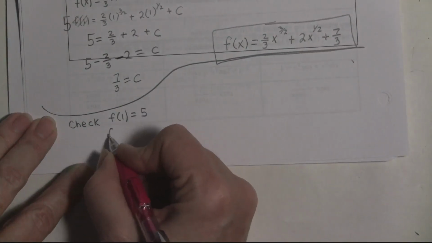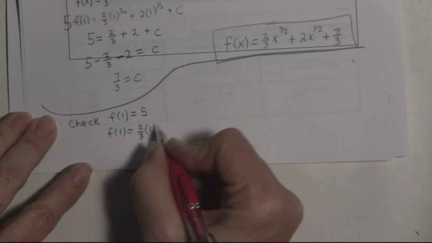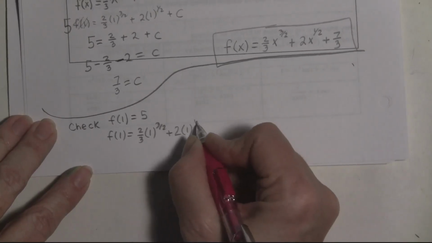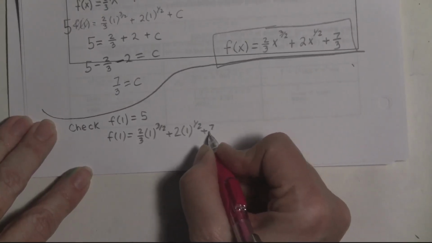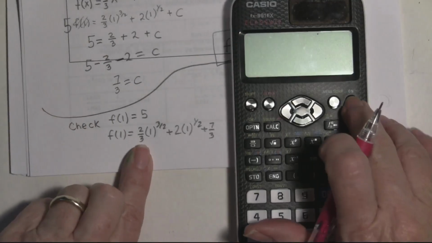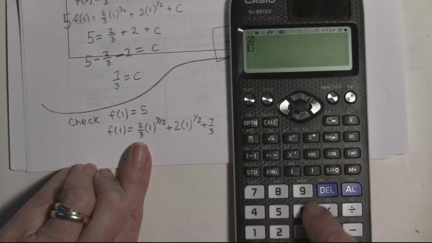So f at 1 would equal 2/3 times 1 to the 3/2 plus 2 times 1 to the 1/2 plus 7/3, right?